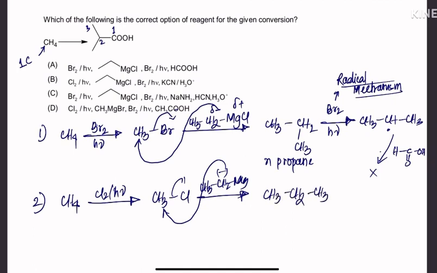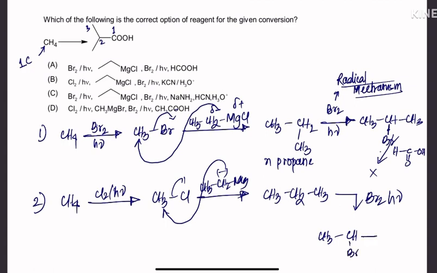It's not an issue. Next is Br2/hv, where the radical mechanism operates and bromine will be attached. With bromine and formic acid, there is no such reaction, but in this case bromine attaches.